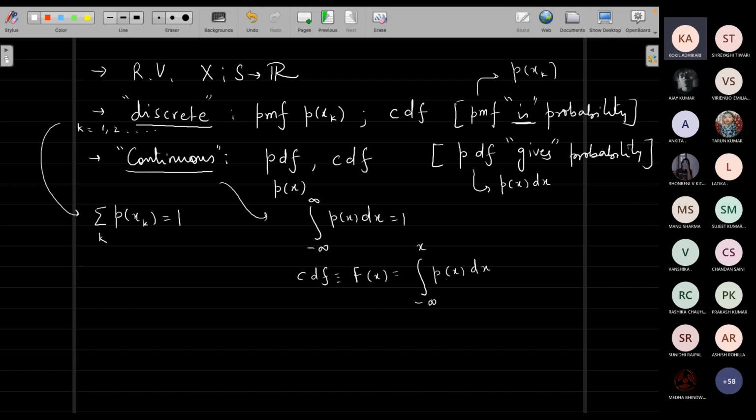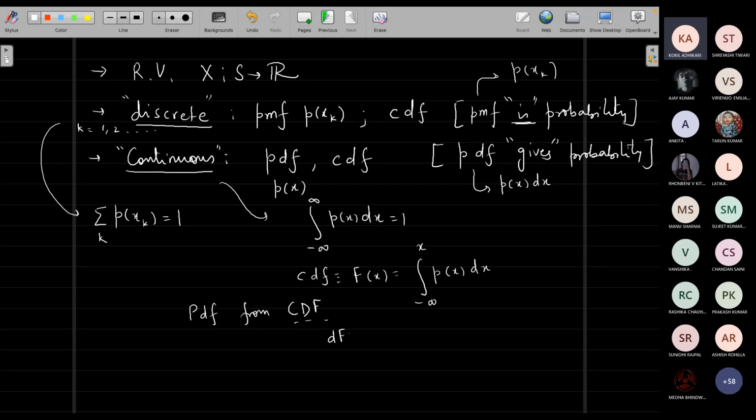One thing in the continuous case which I would like to ask: can we get the probability density function from the CDF? What would be the formula for getting the PDF from the CDF? Given a CDF, you differentiate the CDF, then you get the PDF.